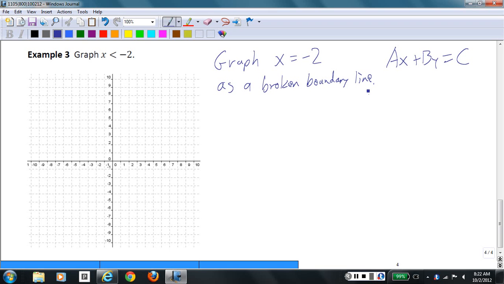Broken. What does this line look like? It's a straight up and down vertical kind of line. If we just plot a bunch of points that have -2 as their x coordinate, there's one, and there's one, and there's one, we can see what this line looks like. So broken line, x equals -2.